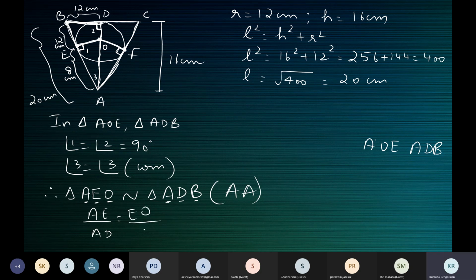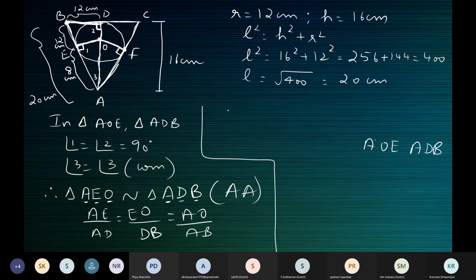EO by DB is equal to AO by AB. Now fill the values. How much is AE? 8 centimeters. AD? 16 centimeters.